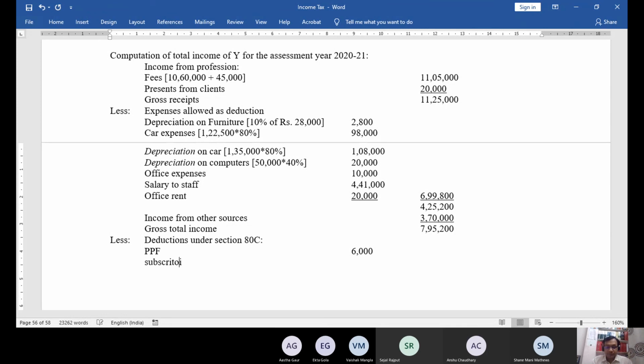Subscription for a notified deposit scheme of a public sector company which is engaged in providing long-term finance for residential houses, that is also a valid deduction under section 80C. How much is this? PPF was 20 and it is 6.